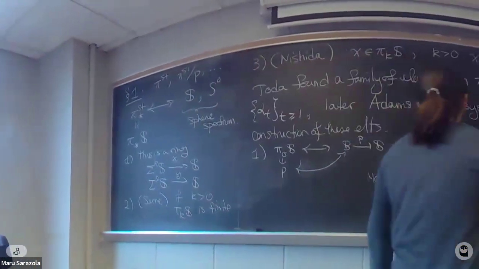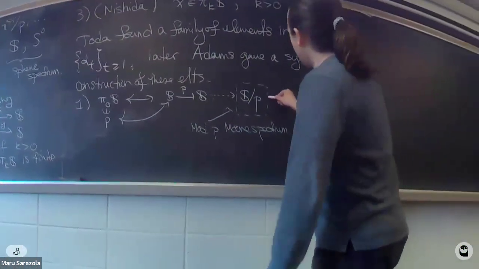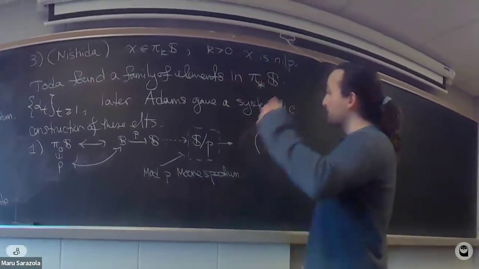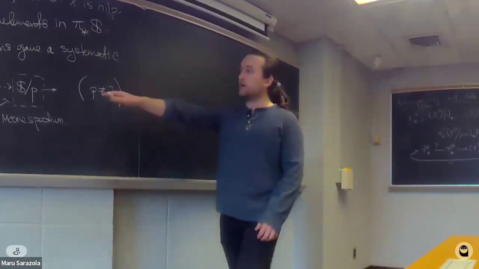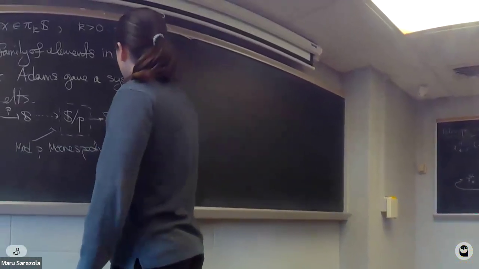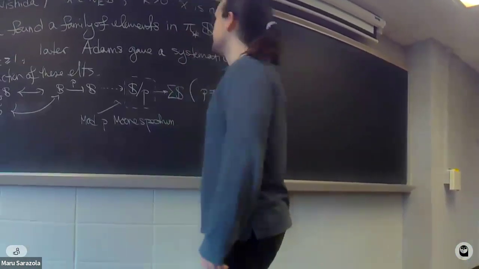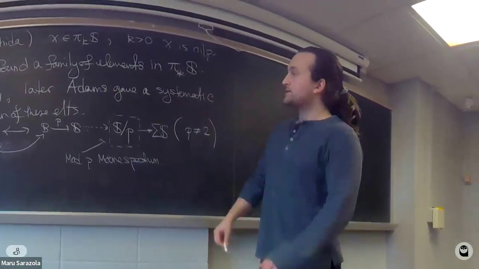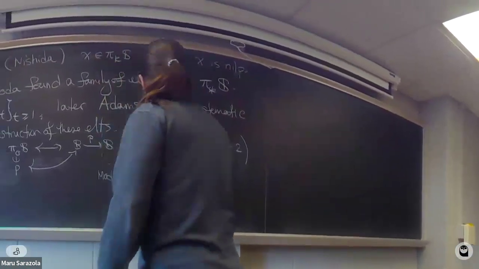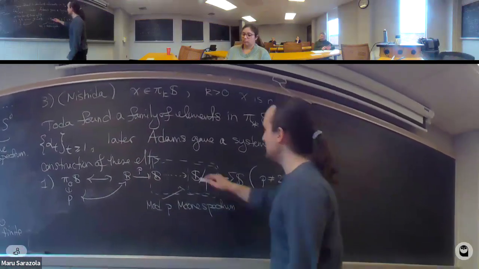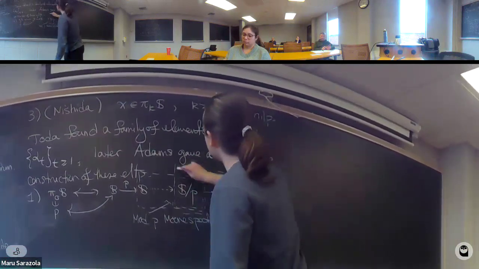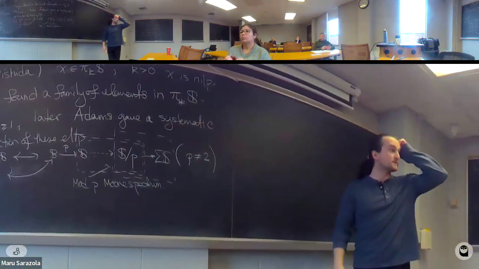And I should also mention, maybe by analogy with something that pops up in homological algebra or triangulated categories, that this cofiber sequence induces another map which goes to the suspension of the sphere. What we're going to do now is use this map from the sphere to the sphere mod p, and this map from the sphere mod p to a suspension of the sphere.